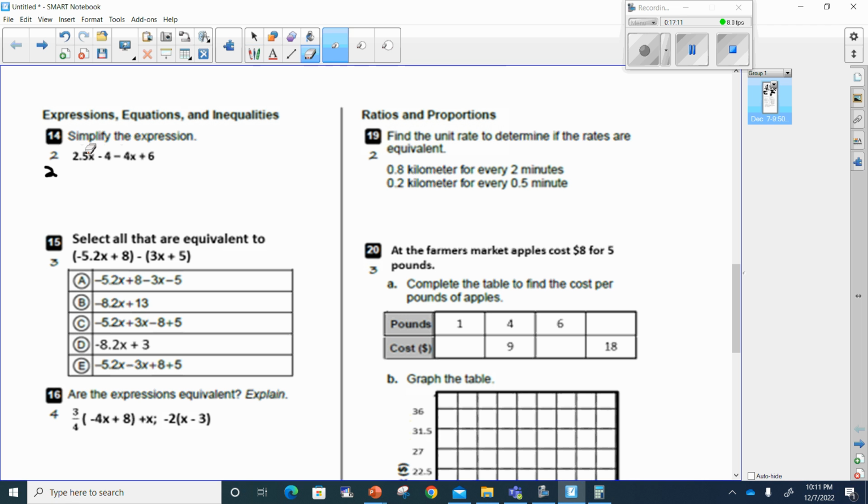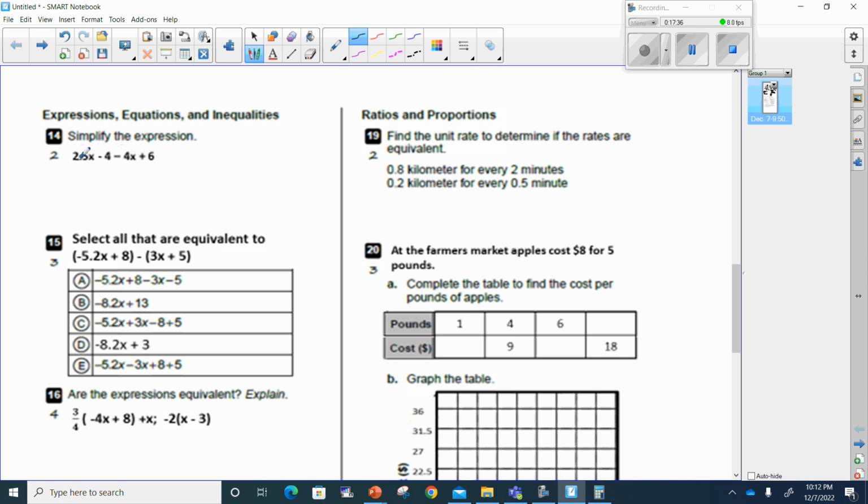Well, you know what? I like stacking things better, so I'm going to teach you how to stack here. I'm going to move the like term. This is negative 4x, so I'm going to take away 4x from 2.5. In all actuality, I can probably do this even smarter.